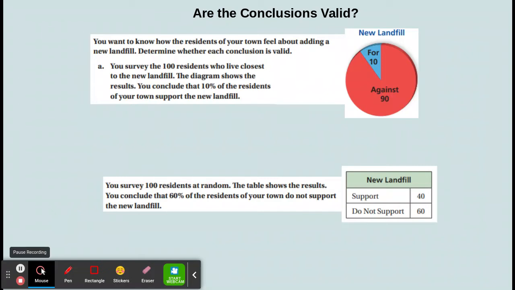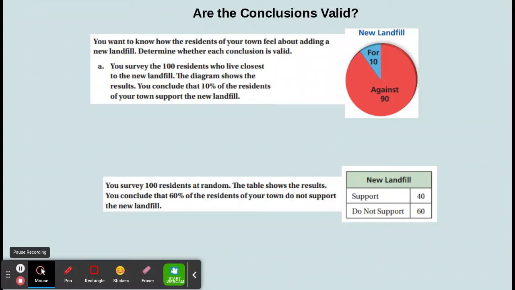Okay, the other thing we have to do when we're talking about statistics and looking at populations, we have to consider if the conclusions that were drawn are valid. So let's look at this. We have a survey that we're doing, and we want to know how the residents of our town feel about adding a new landfill.